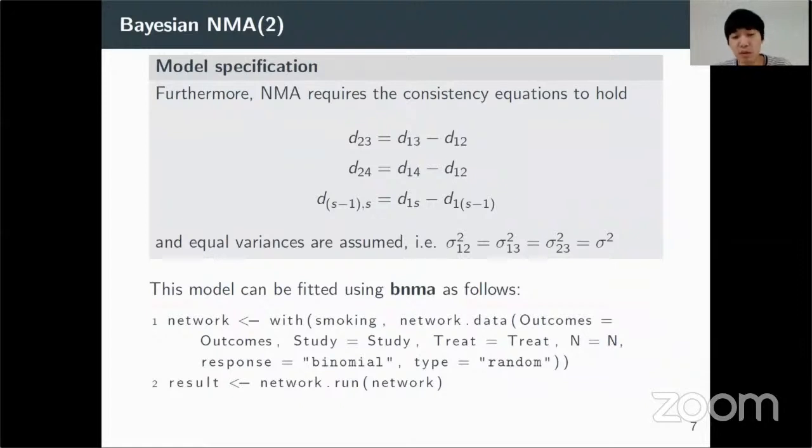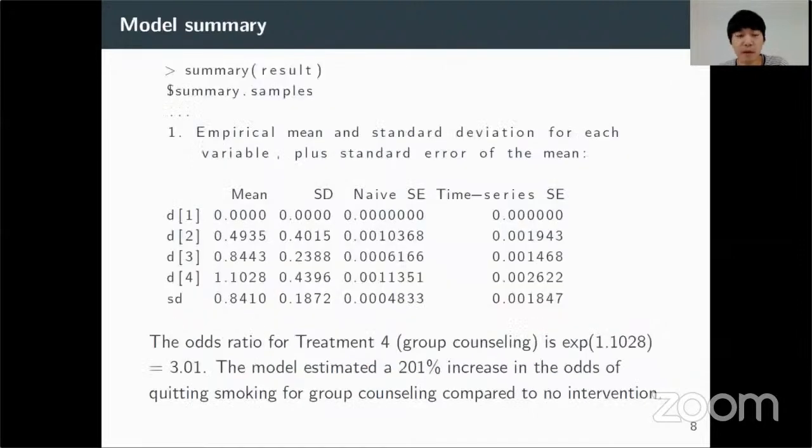So this model can be fitted using the BNMA package as follows. We first set up the model using a function called network.data, and we specify the input, response, and type. Then we can run the model using a function network.run. Then we can summarize the result using the summary function, and this is the summary we get.